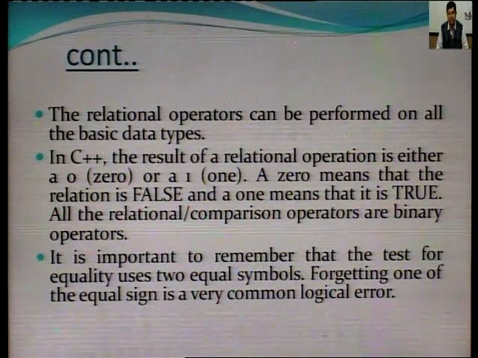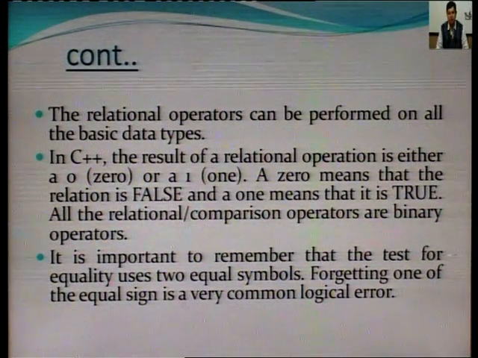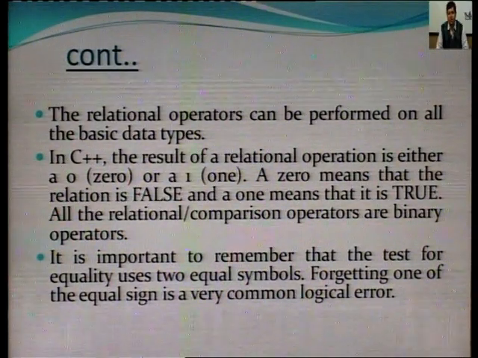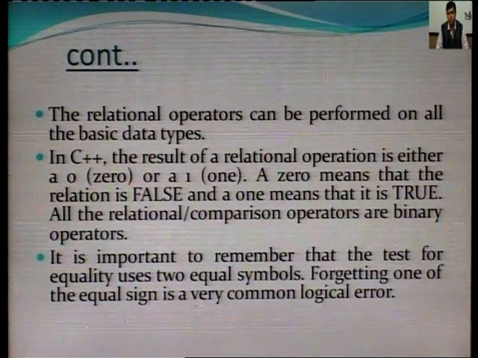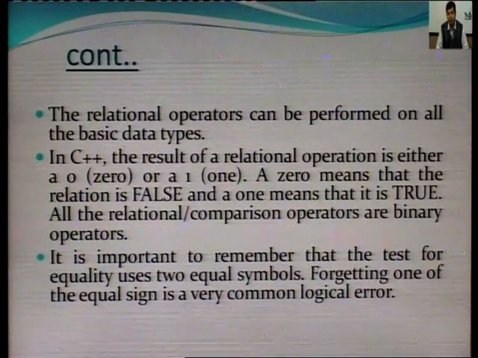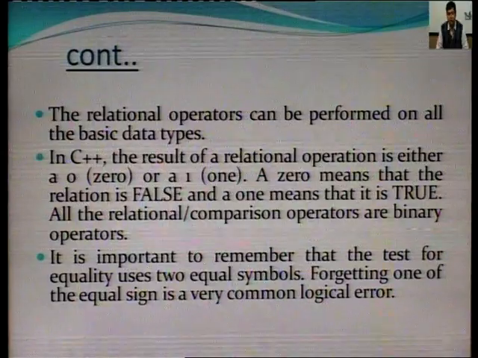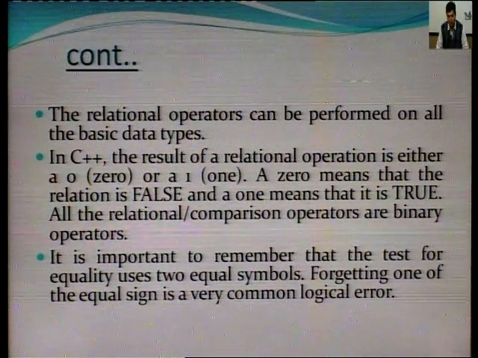If a 0 comes out, then it means the relation is false, otherwise it is true. Now all relational and comparison operators are binary operators. It is important to remember that the test for equality uses two equal symbols. Forgetting one of the equal signs is a very common logical error.